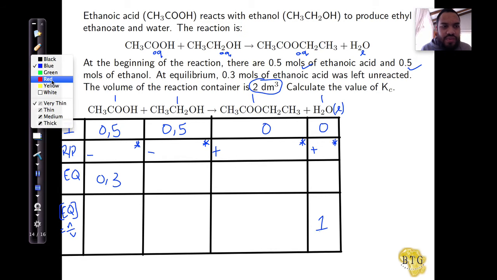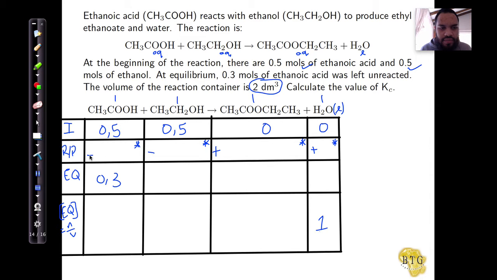Now we get to the real crux of the work. 0.5 minus what gives me 0.3? The answer is 0.2. Now because of the stoichiometry, I need to fill in this entire row in terms of the ratio and proportion that I see present over here.